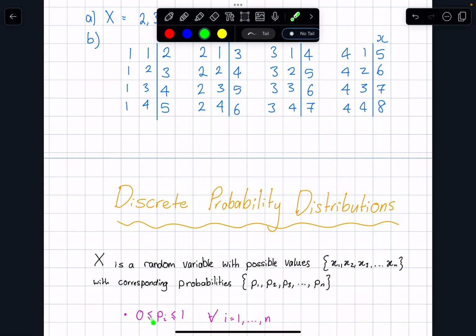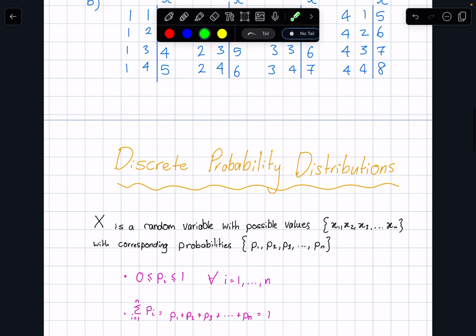Our first rule is that all of these probabilities have to be between 0 and 1 inclusive. That makes sense because we're looking at a percentage. We can't have a negative probability of something happening, and a probability of 1 means it's definitely going to happen. So we can't go outside of those limits.